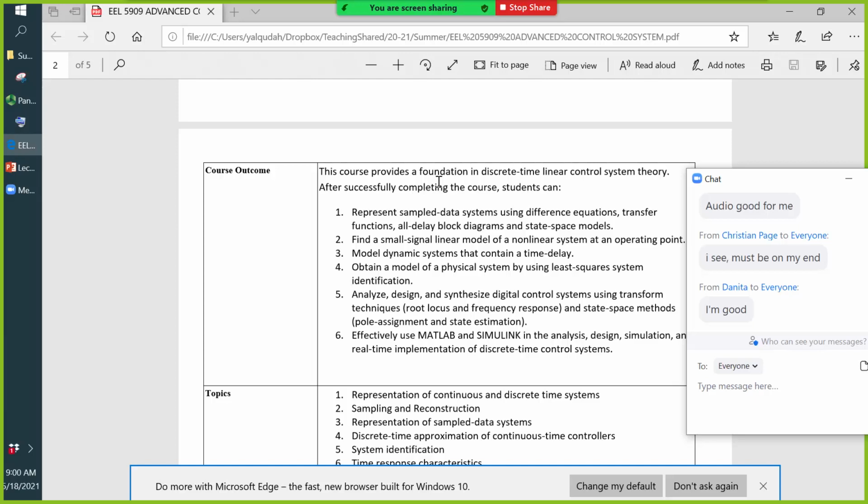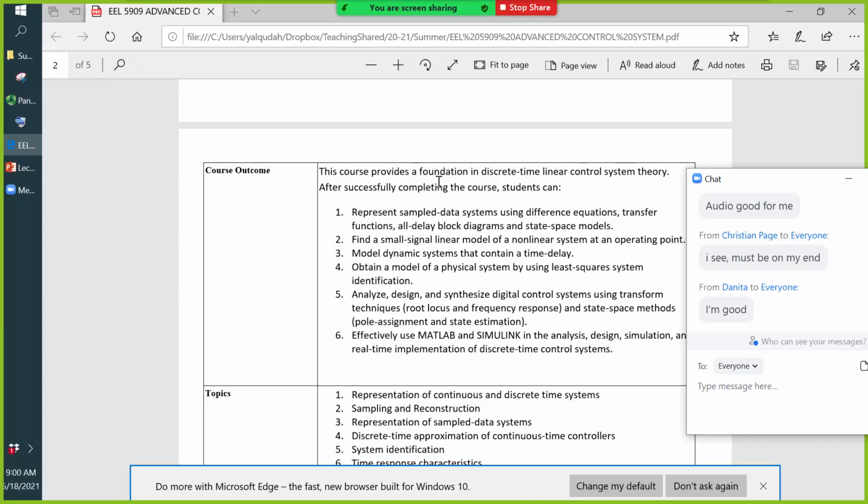Nevertheless, in the back of your mind, you can still remember the progression of how we did linear control. If you remember, in linear control, we started modeling the system, then we reviewed Laplace transform, then we looked at flow diagrams and block diagram reduction, then we calculated open loop, closed loop, the response of the system, stability, root locus, and then design of a controller.